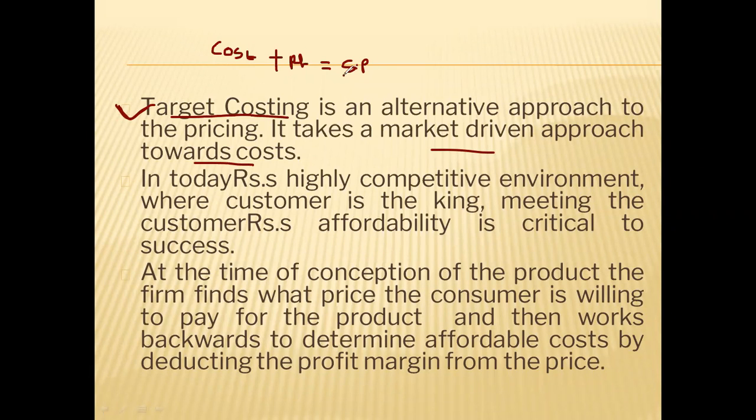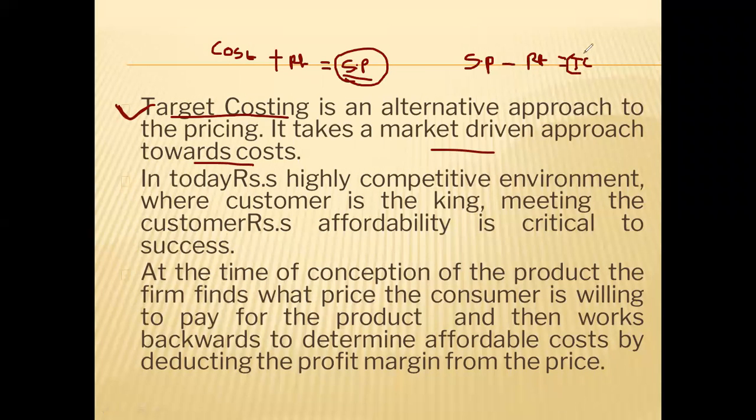In target costing, what happens? First, we find out the selling price of the product. Before manufacturing the product, we first find out the selling price, that is the price at which the customer will buy the product or services. From that we reduce the desired profit, then we get the target cost.